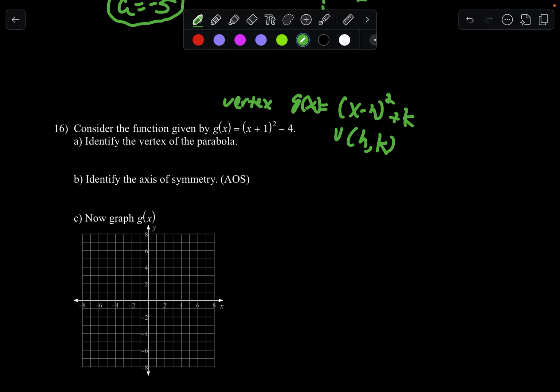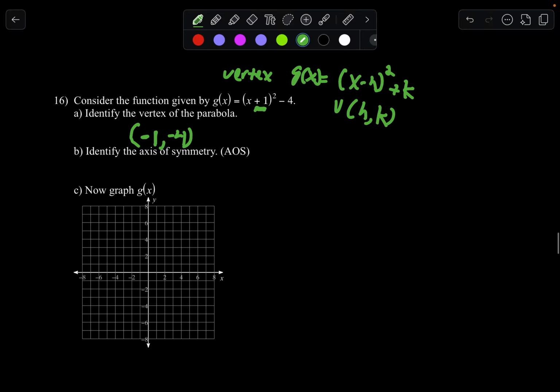So this plus 1 indicates what the x value is. Just remember your x's are liars, so instead of positive 1, you're going to say negative 1, and then it'll be negative 4 for the y value.